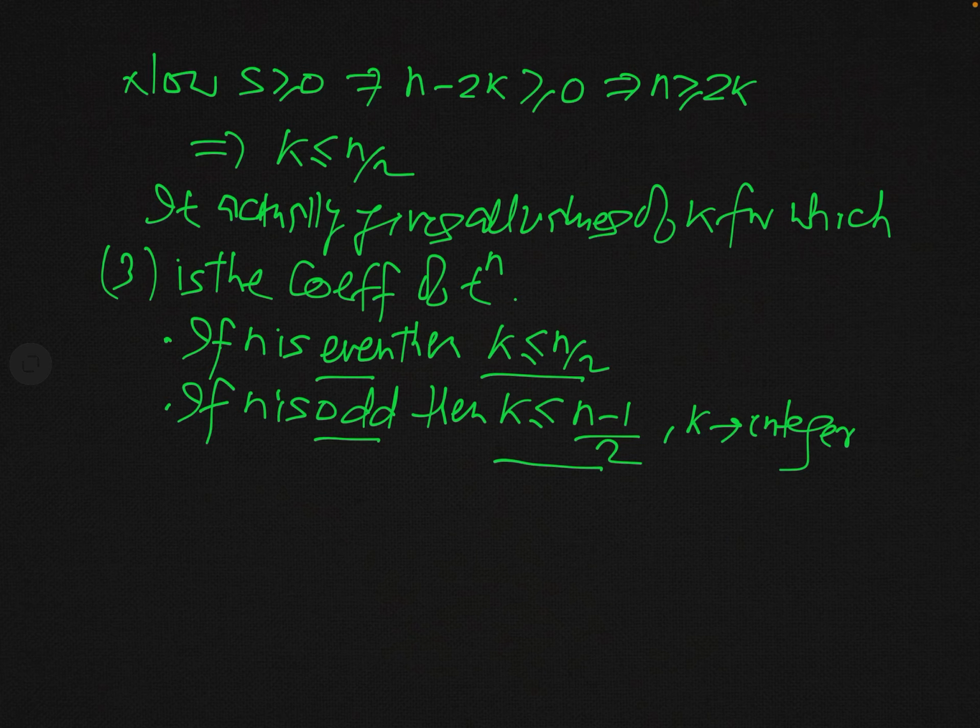So now we can combine these two conditions. When k varies from 0 to capital N, where capital N will be n by 2 and n minus 1 by 2 when n is even or odd.